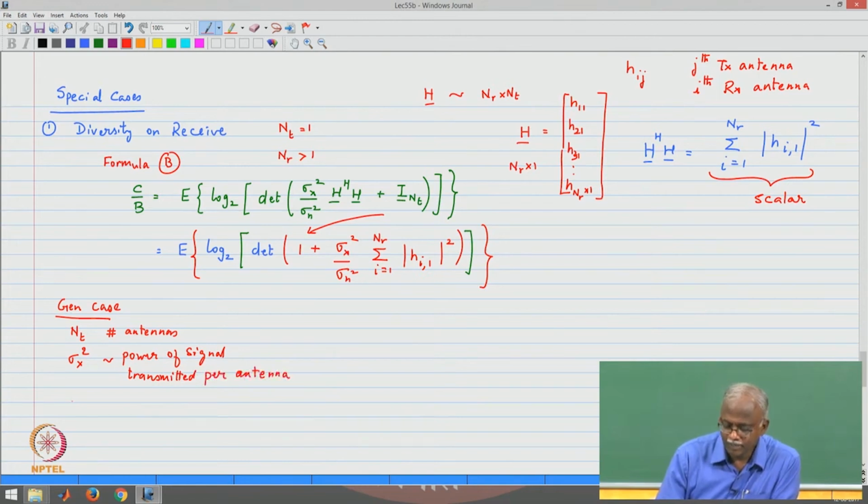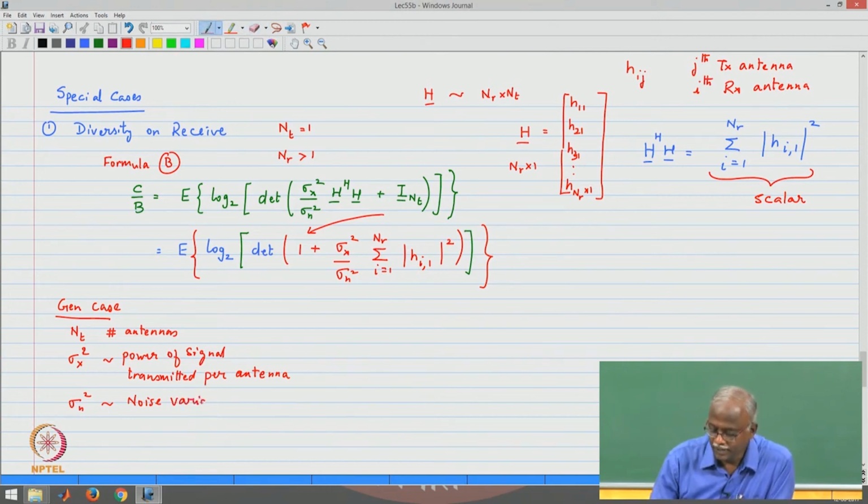okay, and sigma n squared is the noise variance or the noise power. Okay. So, given this, the total transmitted signal power is NT times sigma x squared, and the total noise power in each antenna is sigma n squared.